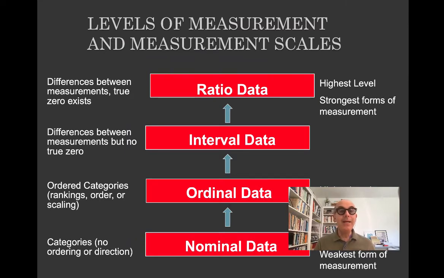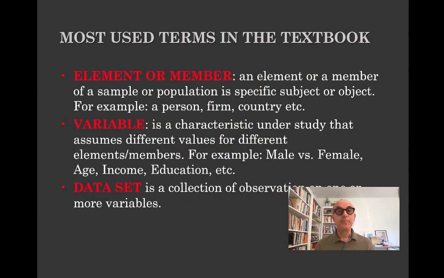Interval data is the difference between measurements, but not with a true zero, and that makes the distinction between one another. And ratio data has a true zero, which means that we have a scale that we can measure. That's why it is the highest level.